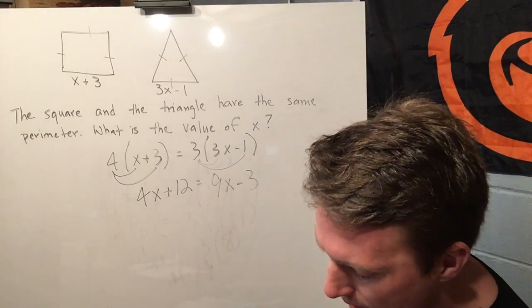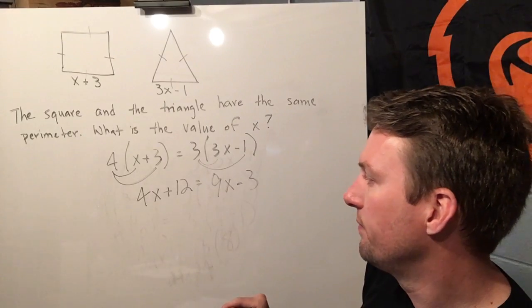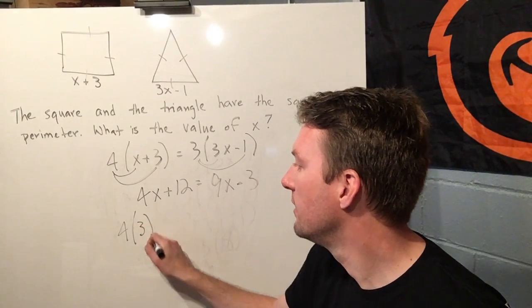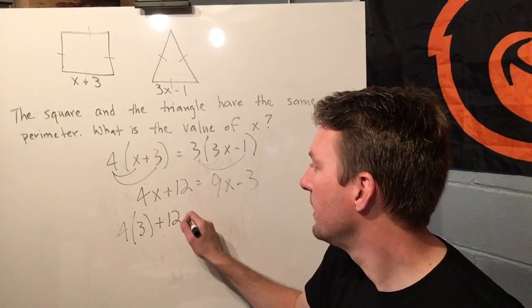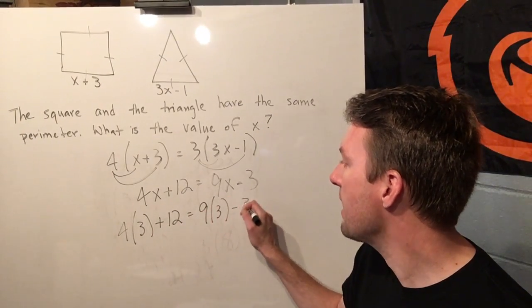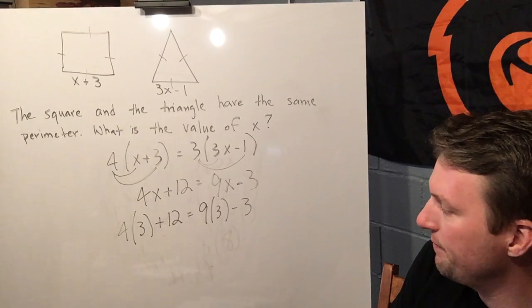Fancy. Now, what happens if we substitute 3 in this equation? I would have 4 times 3 plus 12 equals 9 times 3 minus 3. What happens here? I'll give you a second to think about it.